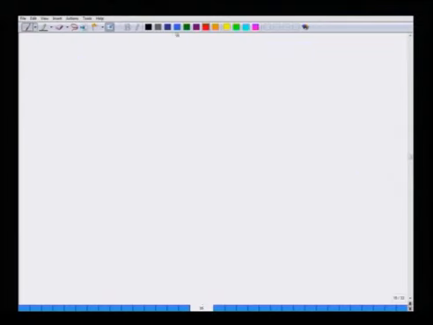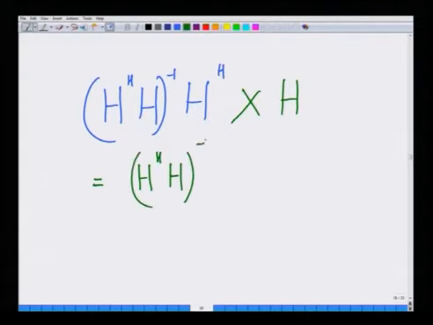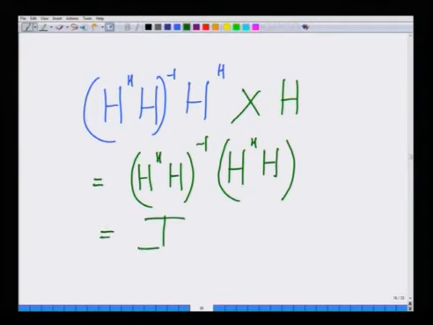Why is this the pseudo inverse of H? For that, let us take this matrix H Hermitian H inverse H Hermitian, and let us multiply this by H. Then this is nothing but H Hermitian H inverse into H Hermitian H, and H Hermitian H inverse into H Hermitian H is nothing but identity.